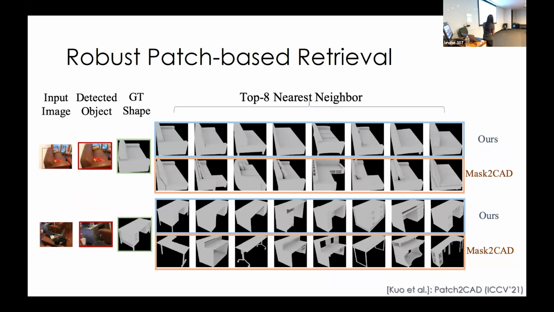And if you do it patch-based, you end up with a bunch of couches that look kind of similar, at least in terms of the structure, whereas this one falls off immediately from the top one to start producing L-shaped couches and so on, because it's very much overfit to the shape-to-shape similarity. That means that the space is not so well structured and less generalized. And the same goes for this particular chair. So this one doesn't even match all that well on the top one and produces desks that don't quite look exactly like the same structure.